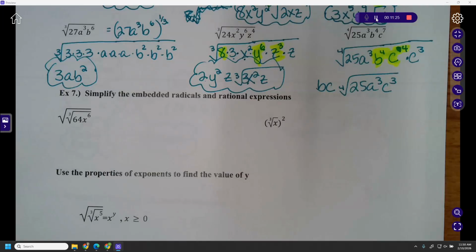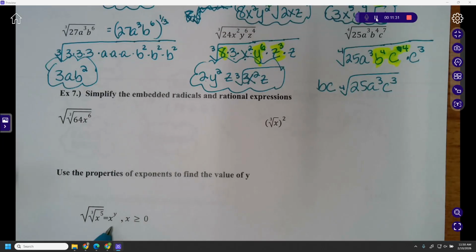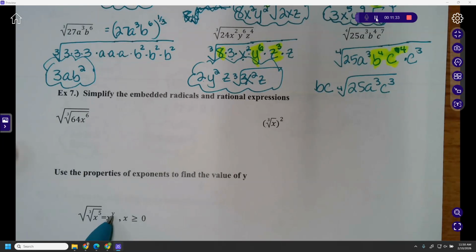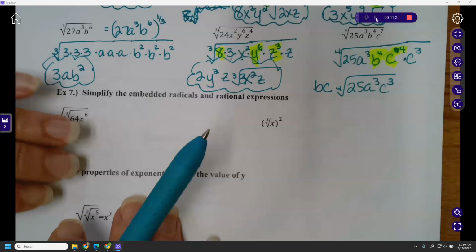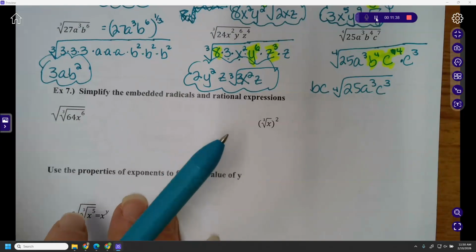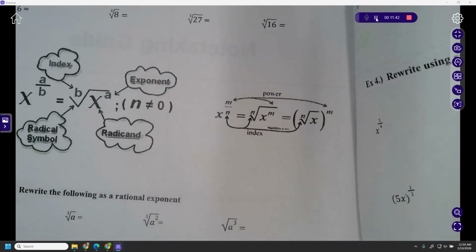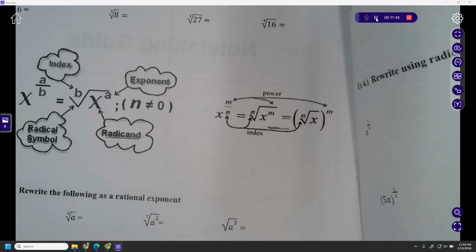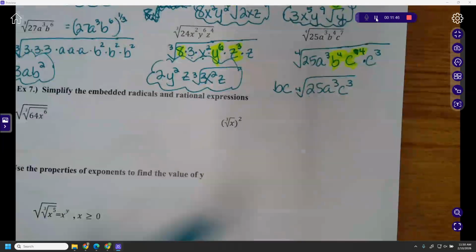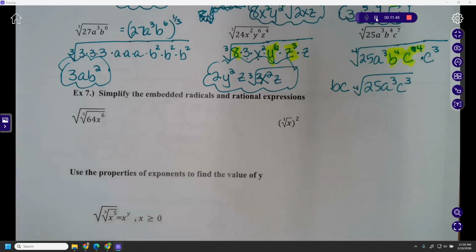I'm trying to look at what the end result is, which in this one I want to be in exponential form. Going back to what we talked about yesterday, a square root is raising something to the 1/2, a cubed root to the 1/3, and so on.